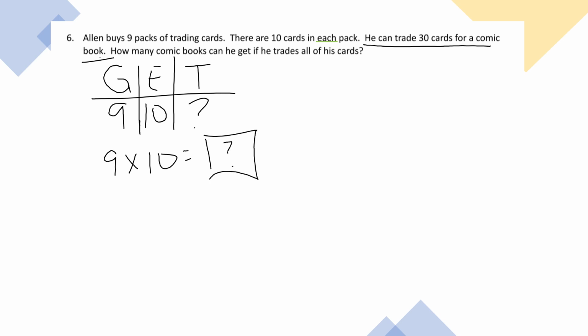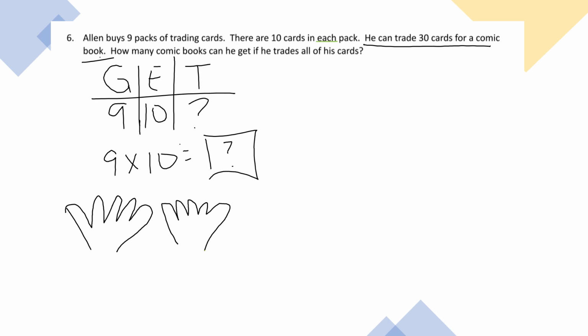9 times 10 is unknown, but we should know what 9 times 10 is. So we'll use our fingers to count by tens. We hold up 9 fingers. So don't laugh at my little hands. All right, so we're going to count by tens.